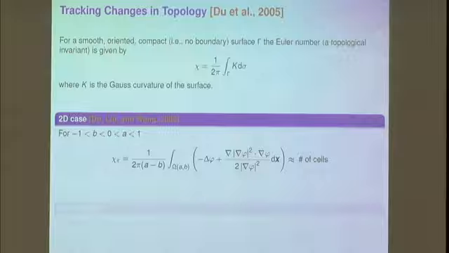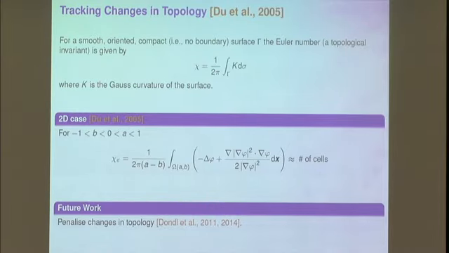If we're working in 2D and our cells are all simply connected regions, then this is approximately equal to the number of cells in our image. So each time this changes, it means we've added a new cell, or lost a cell. So using this, I'll show you in a second that we can track changes in topology. We haven't yet worked out how to fix topology, and we're currently trying to understand how one might penalize changes in topology. And there's some very nice work by Dondl, Mugnai, and Röger in that direction.